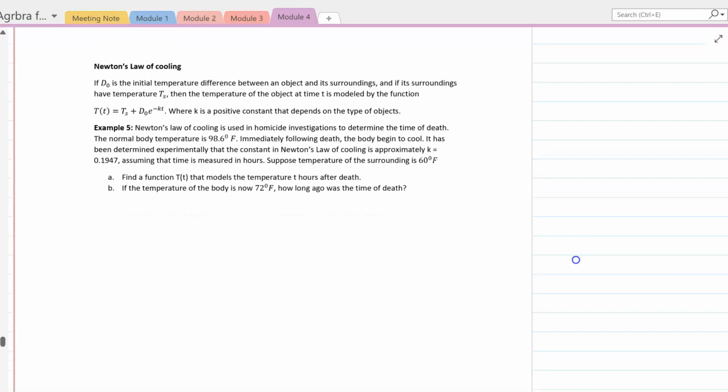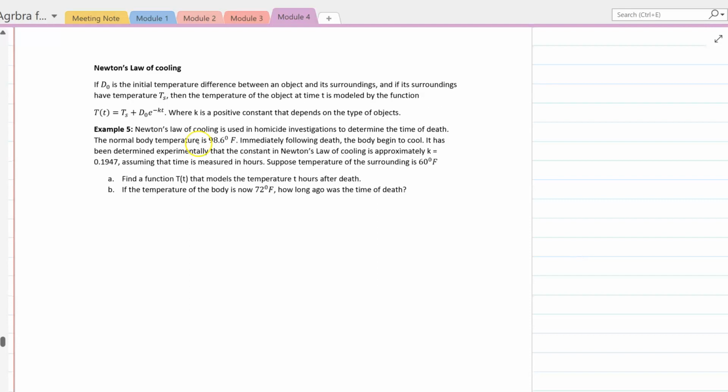Okay, so in this case, what do we know? We know that the normal body temperature is 98.6 degrees. And we know that the temperature of the surroundings is 60 degrees F. This means the initial temperature difference is equal to 98.6 minus 60, that is 38.6 degrees.